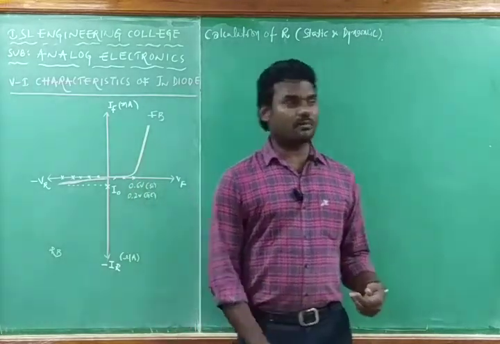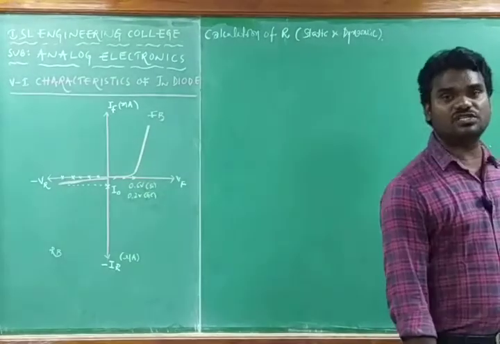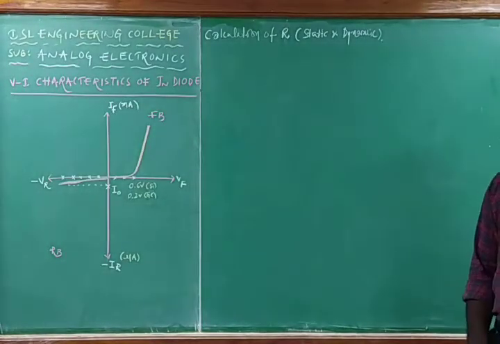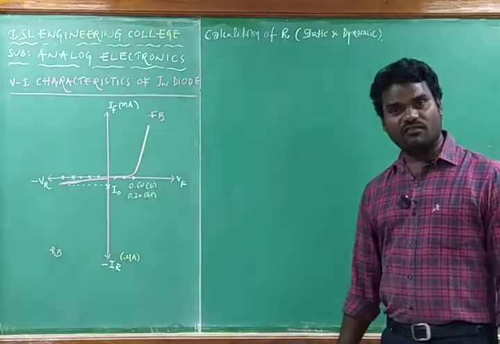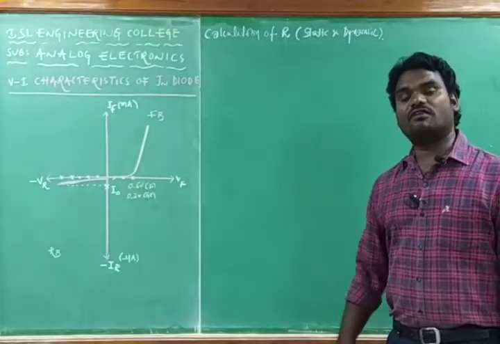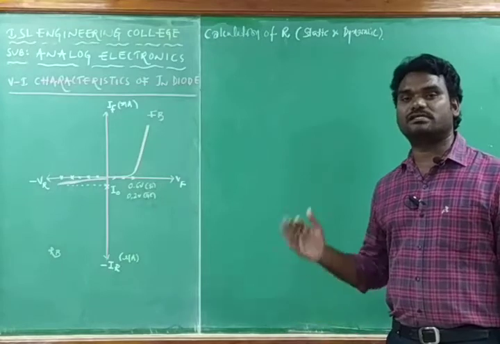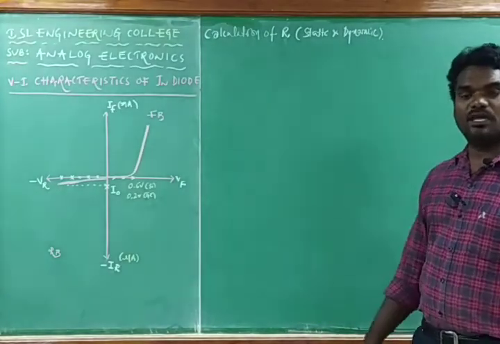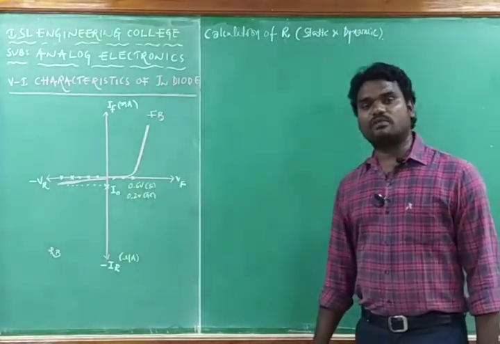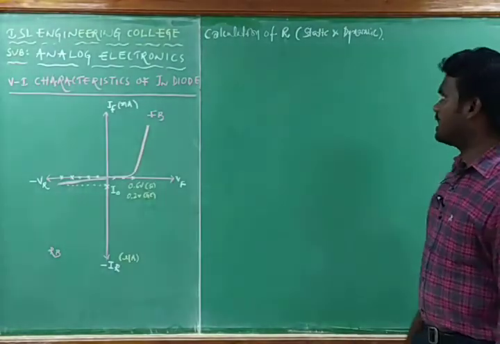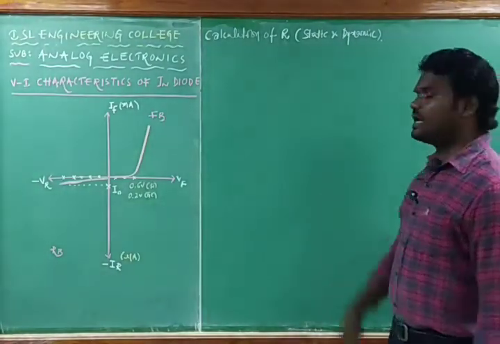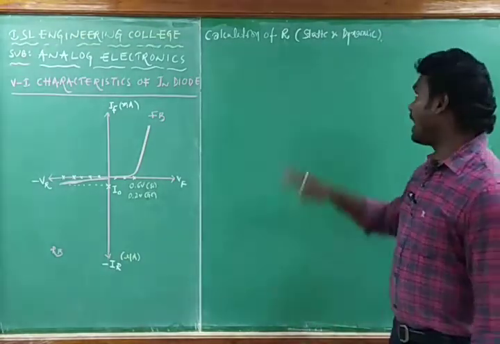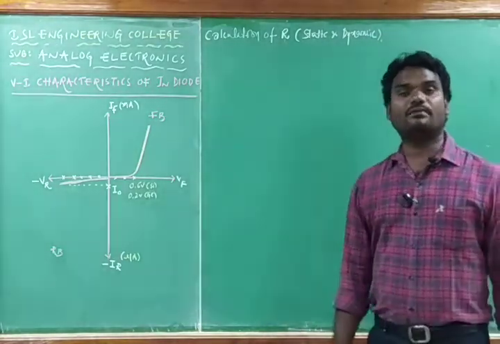Based on this concept, we have to define some resistances from the VI characteristics of the PN junction diode, or calculate some resistances in forward bias and in reverse bias of the PN junction diode. These resistances are named static resistance and dynamic resistance.